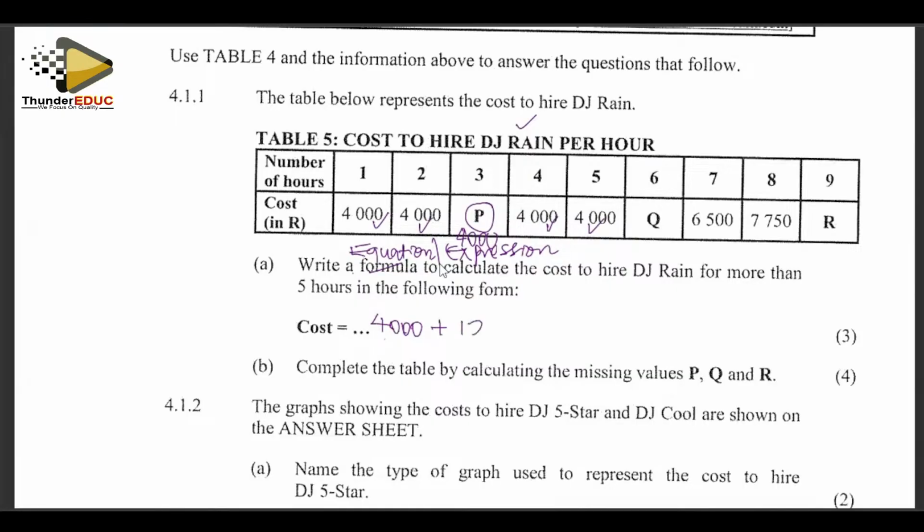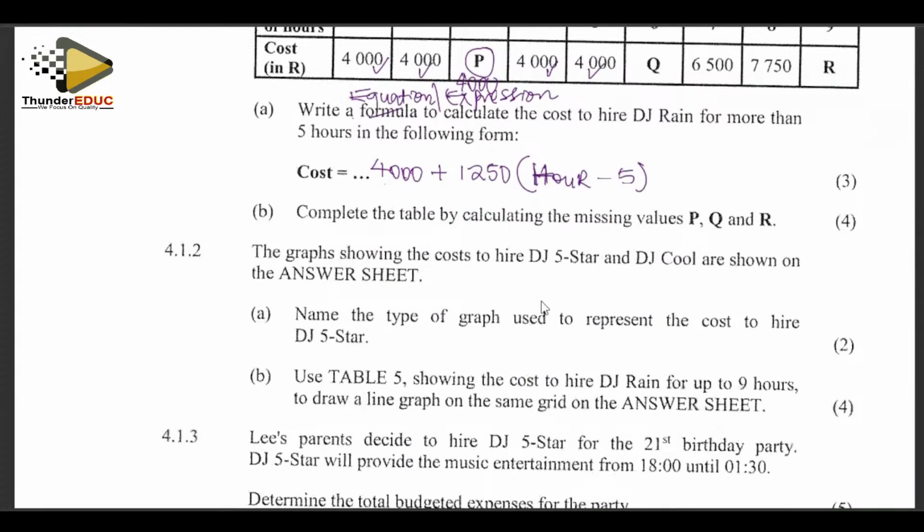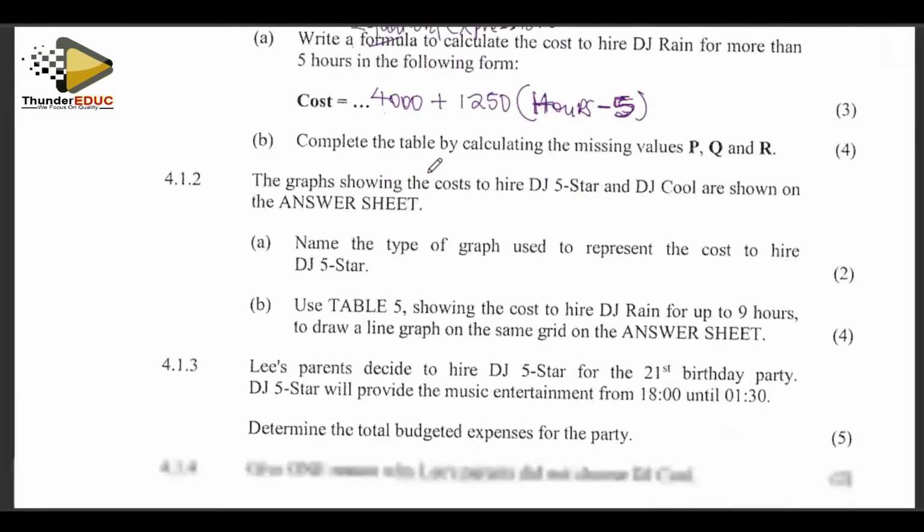Thereafter, 1,250 times the number of hours that have exceeded 5. This could be your equation. This is your equation. If the hours have exceeded 5, then you're free to use the equation. But before 5, the amount that he wants, 4,000.